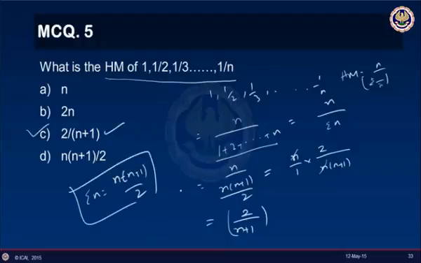This is very important, and we apply it in the denominator. Then this will be n by 1, and when two fractions are divided, the denominator is written in reverse order. So n gets cancelled, and the rest of the answer will be 2 by n plus 1.